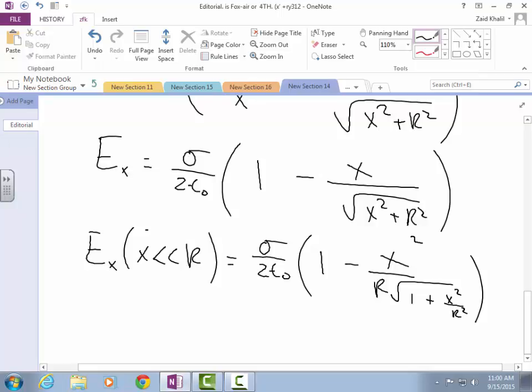Why? Because that is 0, so that becomes 1, and x over r is approaching 0. So notice E of x approaches what? Sigma over 2 epsilon 0, which is? What is that called?